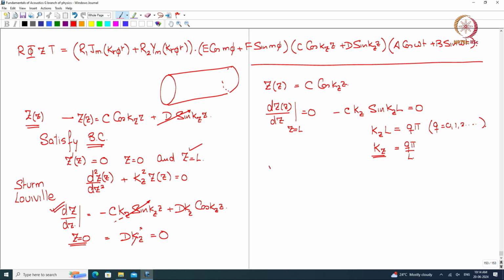So my mode shape now, Z of z is equal to C cos q pi z over L, and q going from 0, 1, etc.